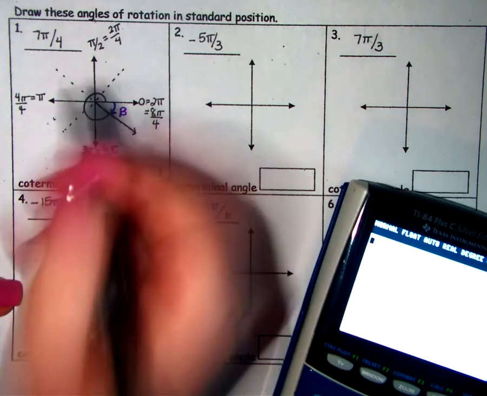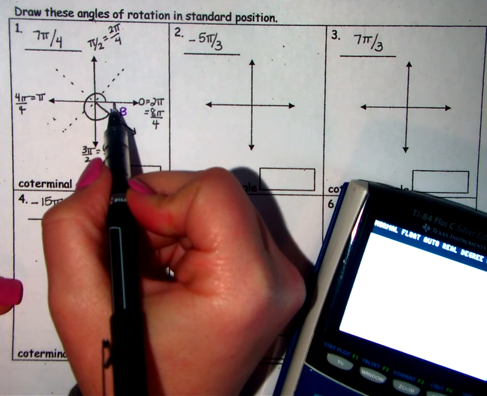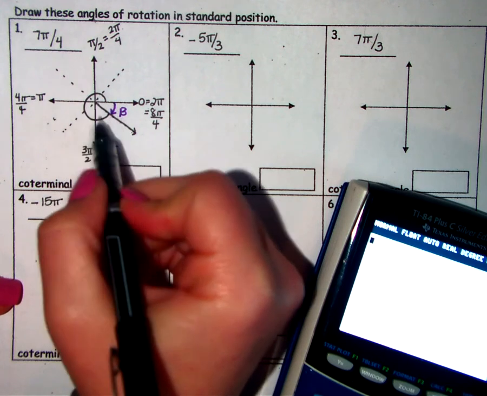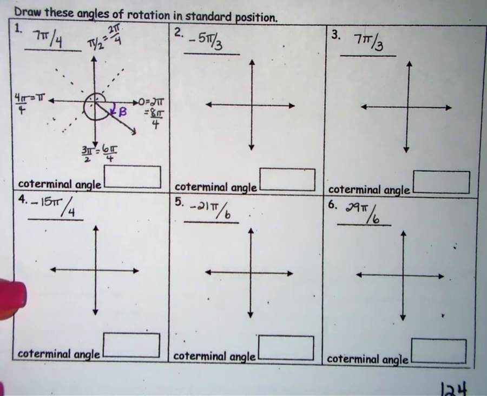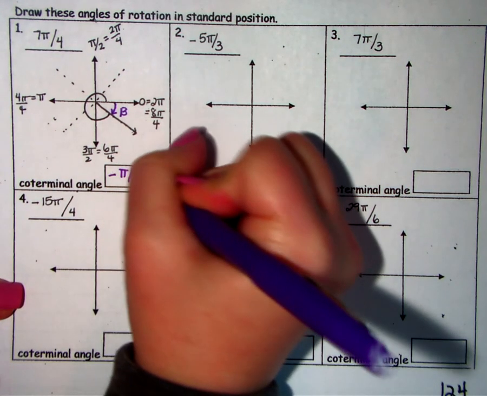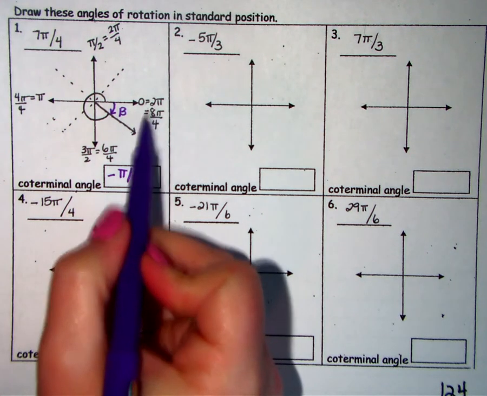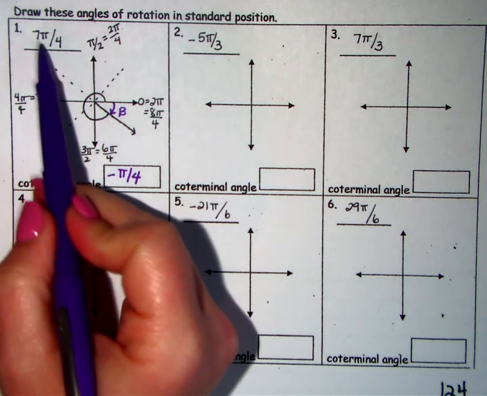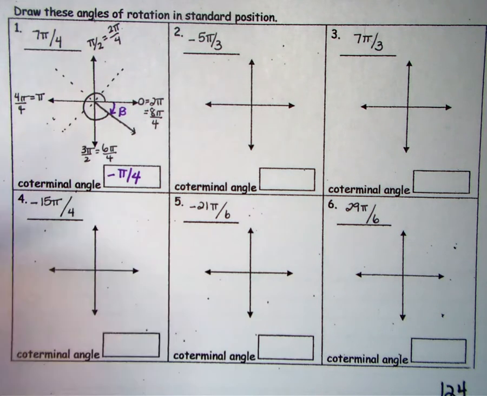If I look at 8 pi over 4, which is going all the way around, and take away the direction I've already gone, that means this particular point right here is in a negative direction, only one increment of pi over 4. So again, it's the difference between going all the way around and that one small spot, but I need the negative of that distance because I'm going in a negative direction.